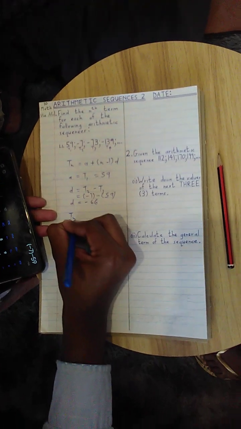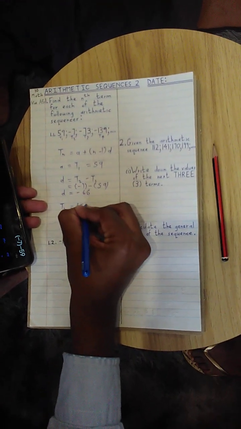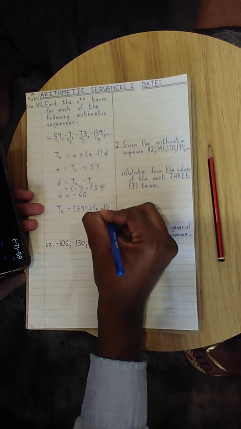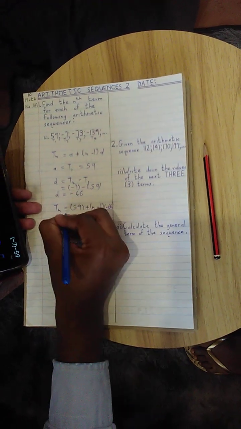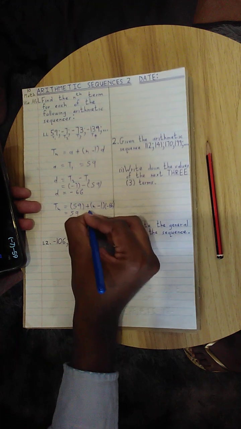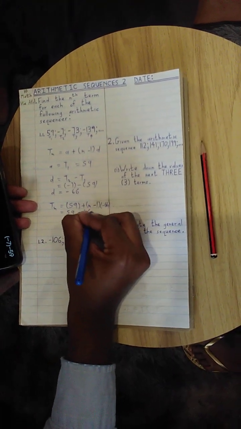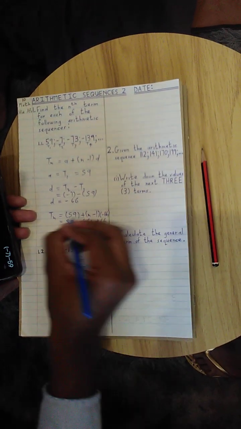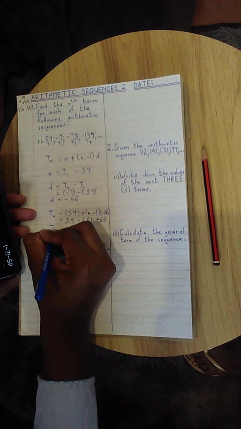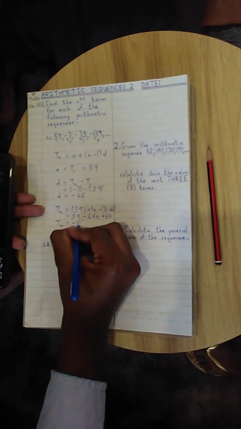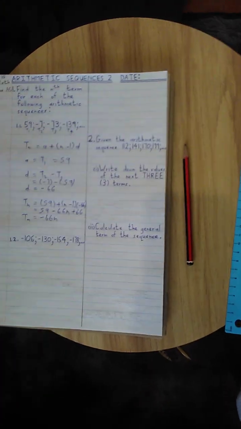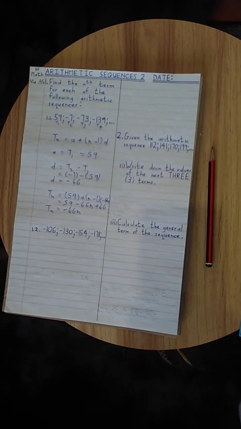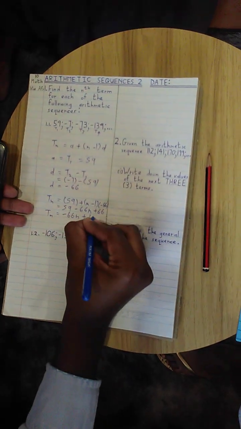So we have Tn is equal to 59 plus n minus 1 times -66. n times -66 is -66n, and -1 times -66 is +66. So it's going to be -66n, and 59 plus 66 is 125.